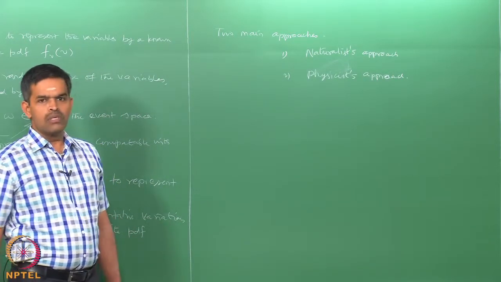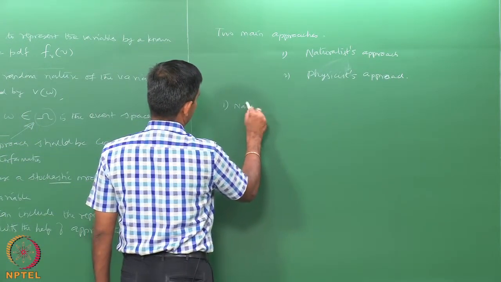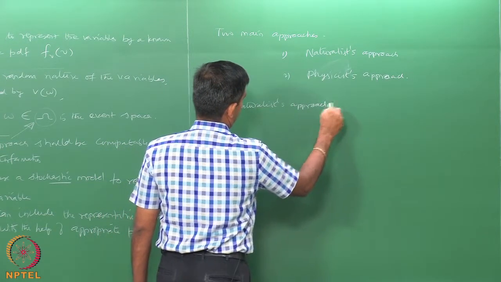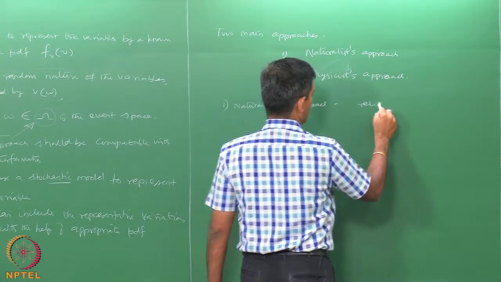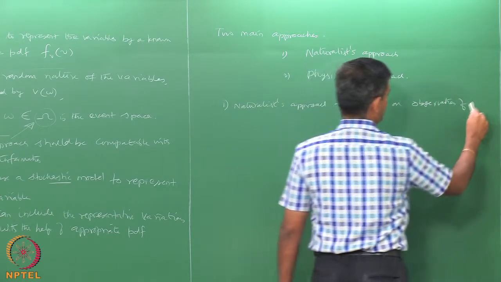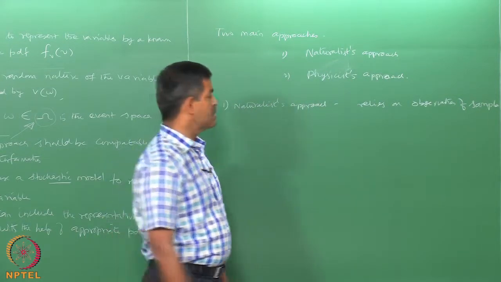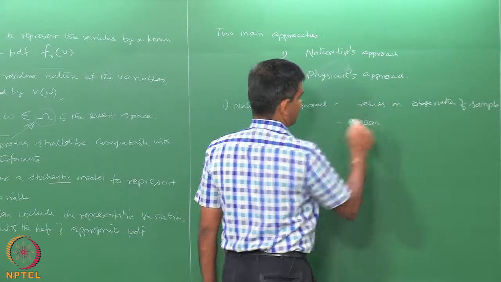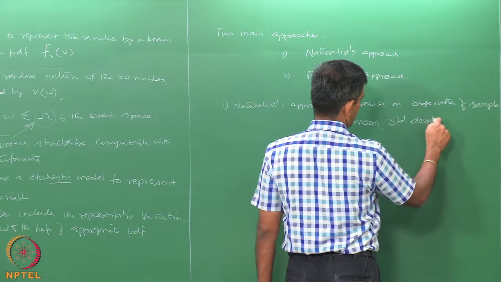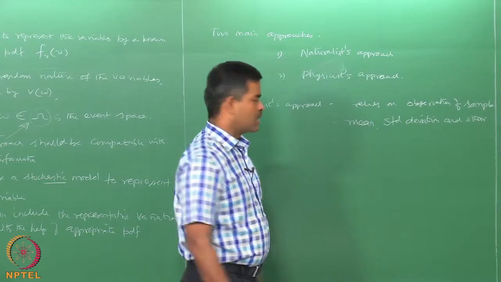The naturalist approach relies on observation of the sample, which estimates the mean, standard deviation, and other statistical moments.